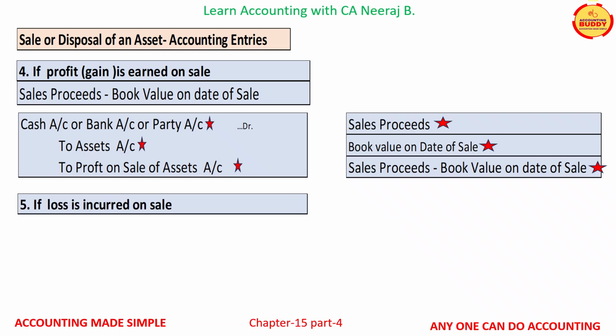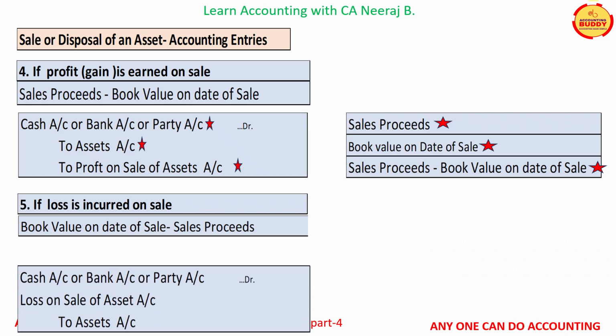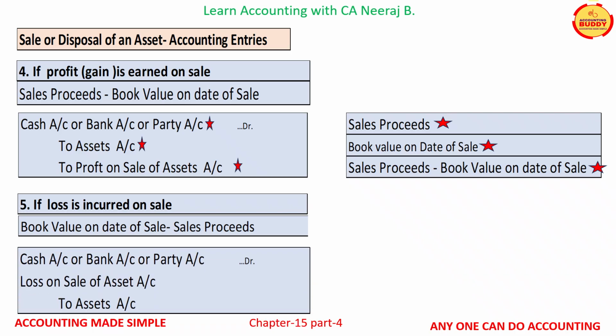Now, if the loss is incurred on the sale of the fixed asset, that is the book value on the date of the sale is more than the sales proceeds, in this case, below entry is passed. The three accounts affected by this transaction are: first, cash account or bank account or the party account as the case may be. Second is the loss on sale of fixed assets, and the third one is the asset account.